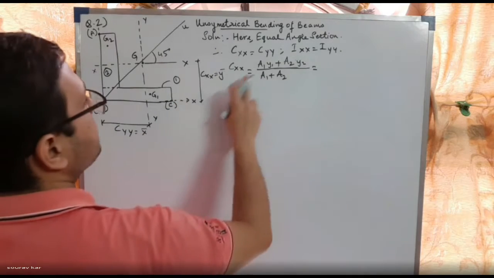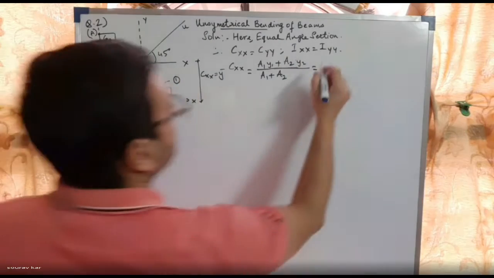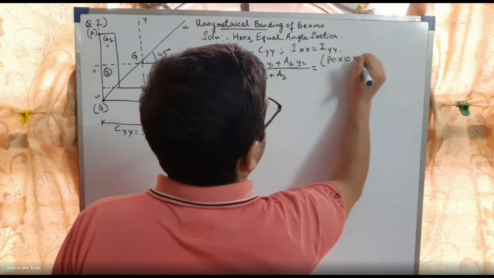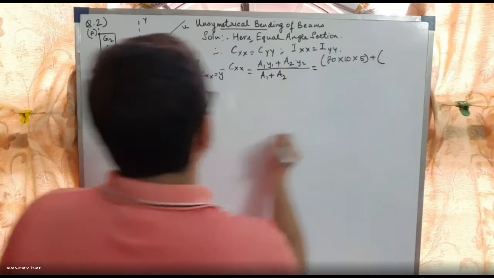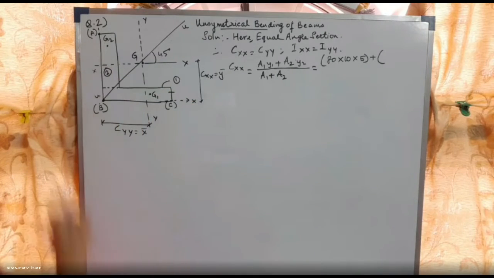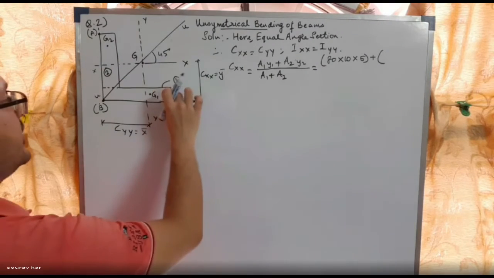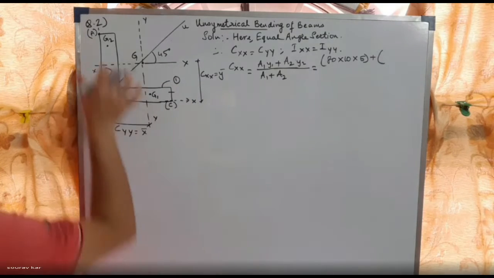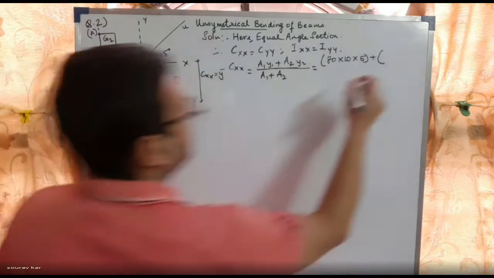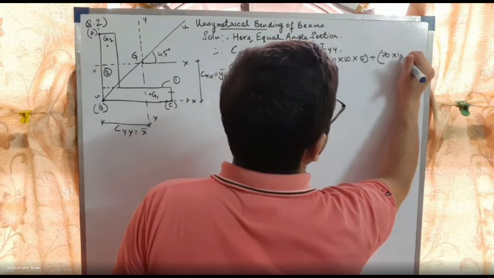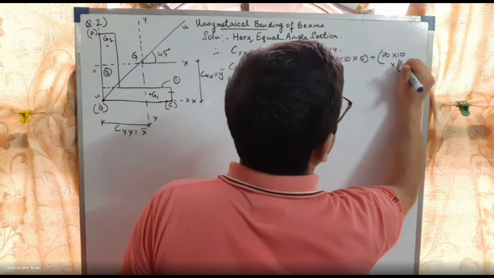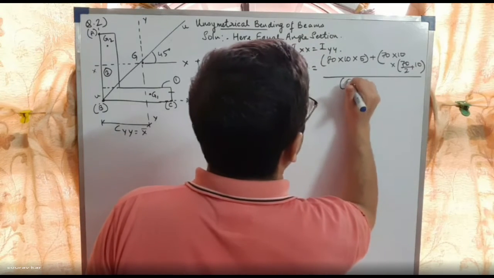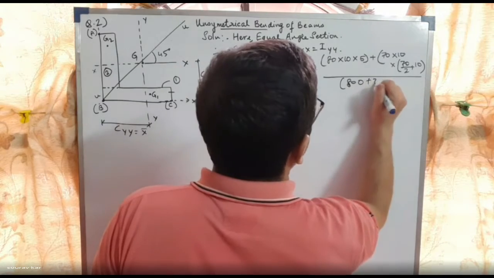So we have A1y1 plus A2y2 for this diagram. First body: 80 into 10 into 5, plus this body, body 2. Here y1 is the centroidal height of the individual body. So area 80 into 10 into 5 plus, this is 80 minus 10, 70 remaining, 70 into 10 multiplied by 70 by 2 plus 10, whole divided by 800 plus 700.